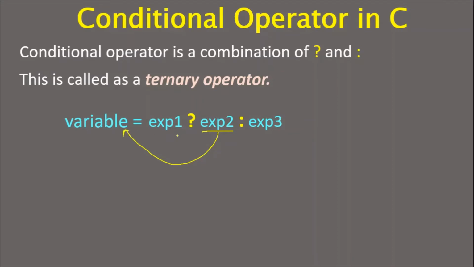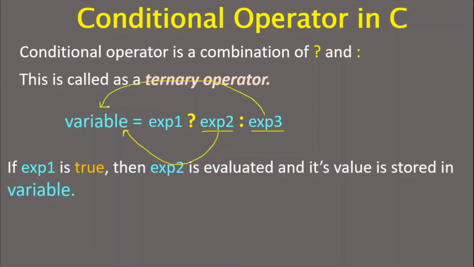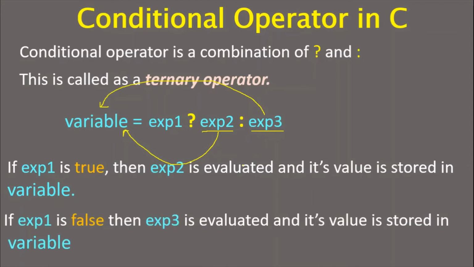And if this condition is false, then whatever value is calculated after executing expression 3, that value gets stored in the variable. The same thing is shown here. If expression 1 is true, then expression 2 is evaluated and its value is stored in the variable. If expression 1 is false, then expression 3 is evaluated and its value is stored in the variable.